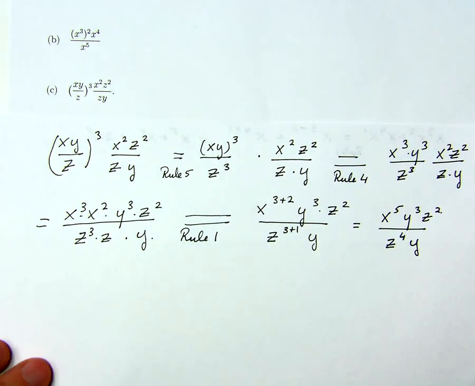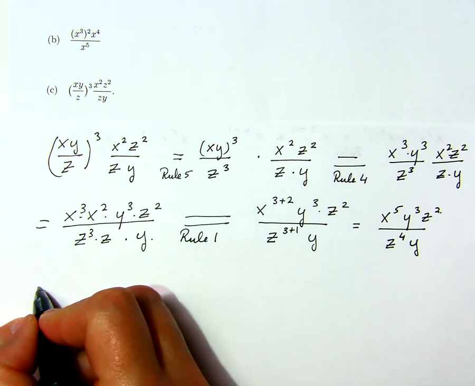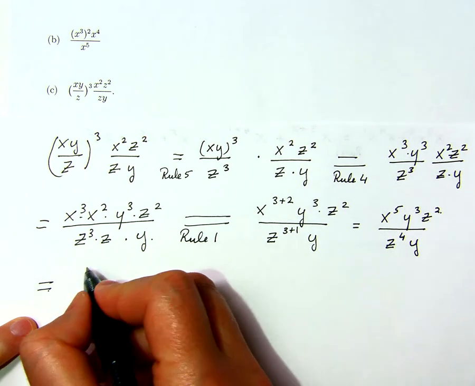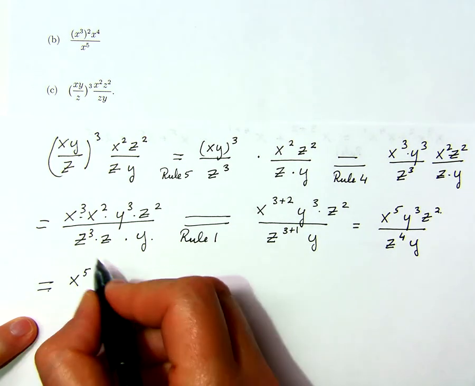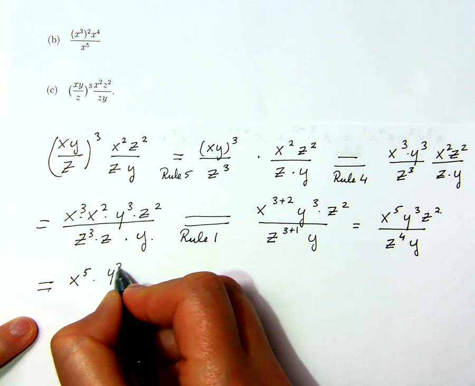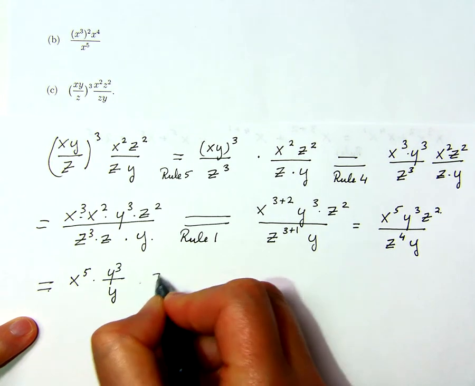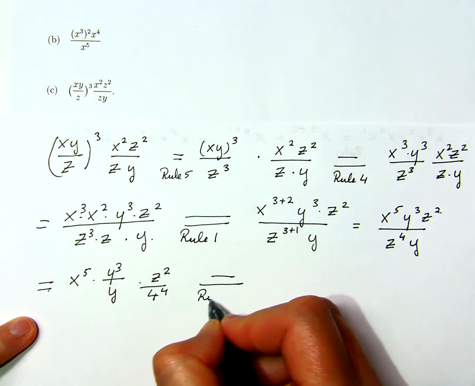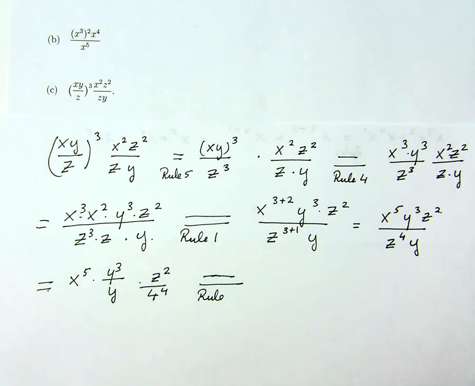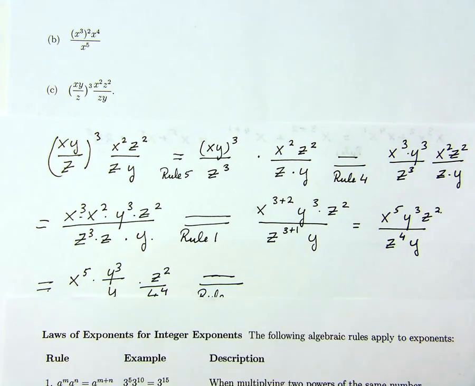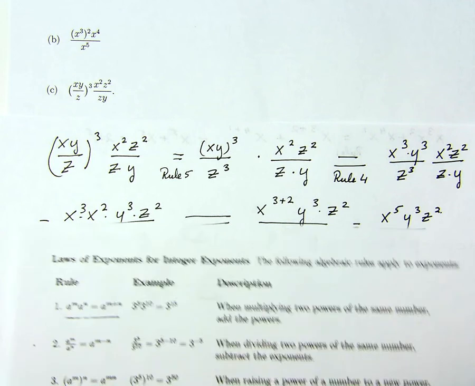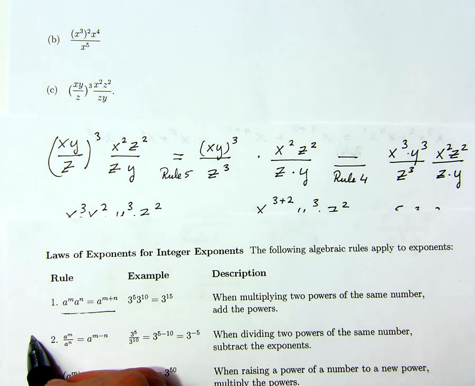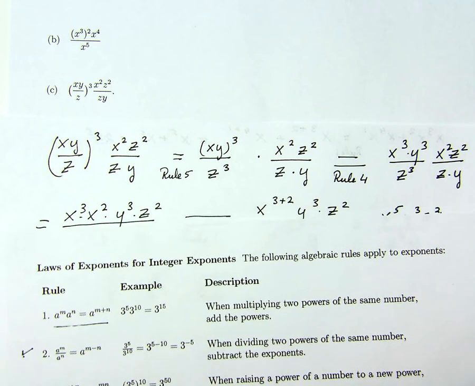Now we can cancel or subtract powers of similar variables. So we have x to the 5 times y cubed over y times z squared over z to the 4. And now using our rule where you divide, rule number 2, which says if I divide powers of the same base, then I subtract the exponents.